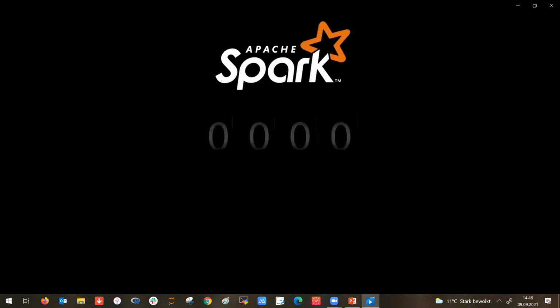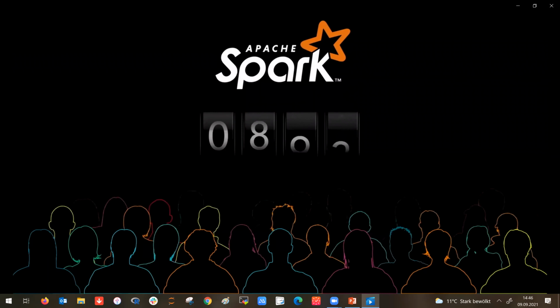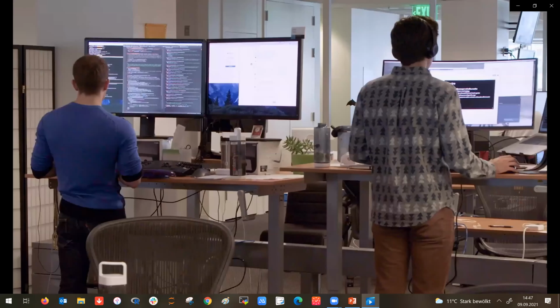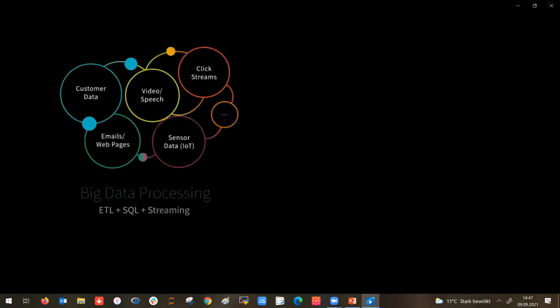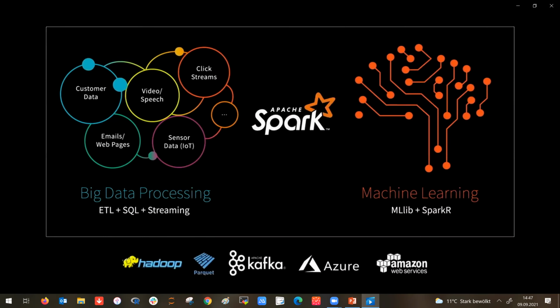There are hundreds of people contributing to it every year, probably over 1,000 since the project first started, and it continues to rapidly add new features, new capabilities, such as libraries to do different types of analytics. What's unique about Spark at the highest level is that it's the only software framework that combines data and AI. So using Spark, you can do large-scale data transformations and analysis, and then you can immediately run state-of-the-art machine learning and AI algorithms on it.